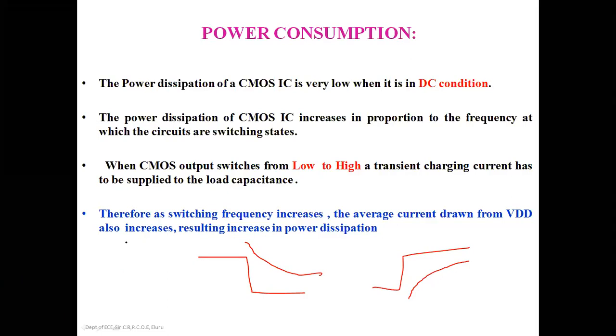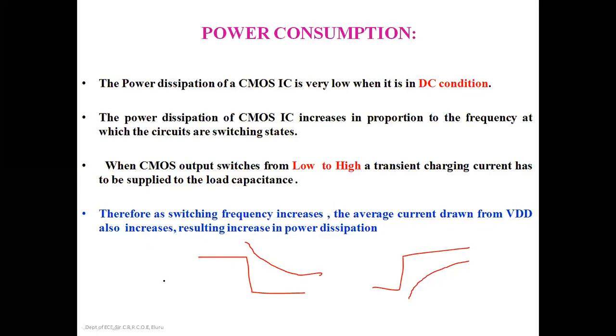So here, as the switching frequency increases, the average current drawn from the VDD also increases, resulting in an increase in the power dissipation. That's why the AC condition, or the dynamic power consumption, has a more significant share in the power consumption than the static or DC condition.